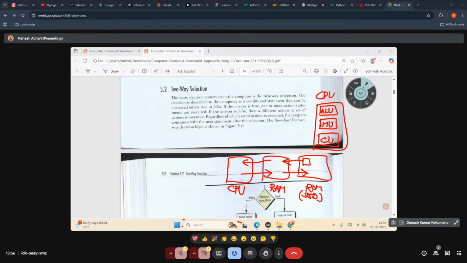Which data we need to keep, which data is to be removed, where to store, why to store, all these are controlled by the control unit, right? This is the basic structure of any digital machine.